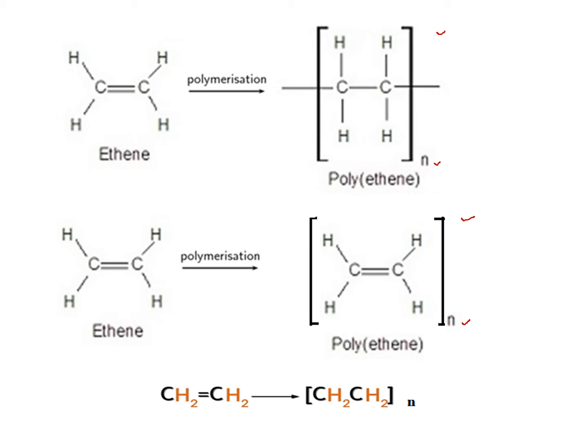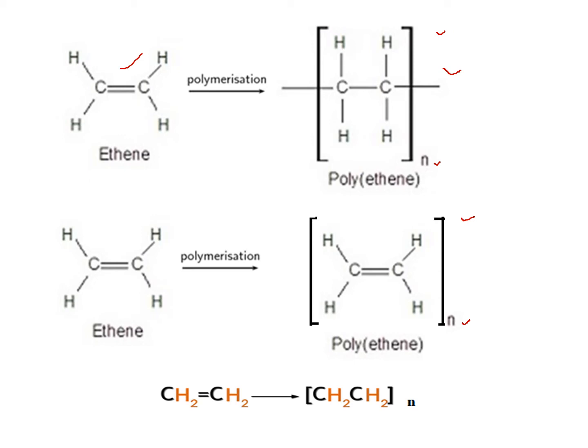Now you can clearly see the two different ways of writing this. In the top example, we have ethene. It undergoes polymerization, so the double bonds break. They detach and reattach to one another to form a number of ethane molecules.